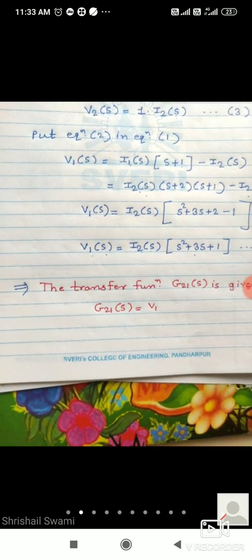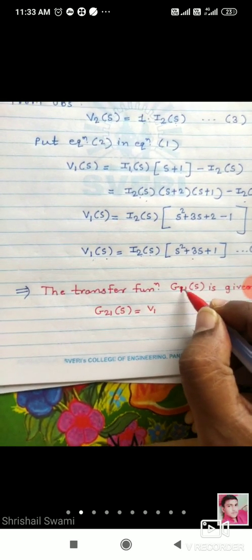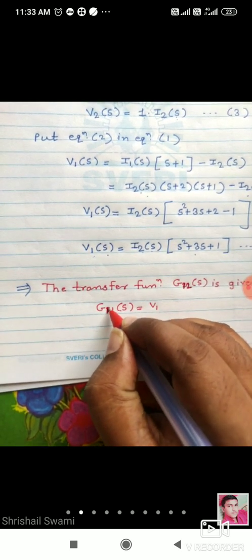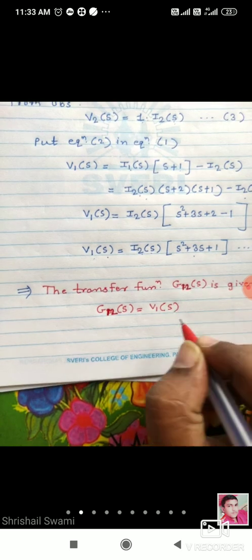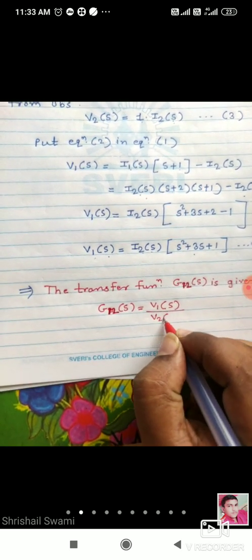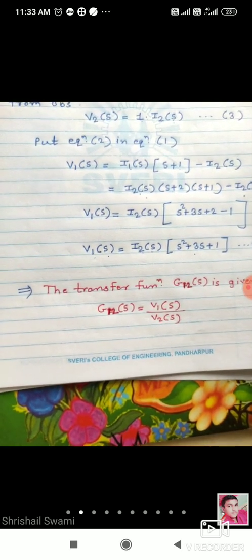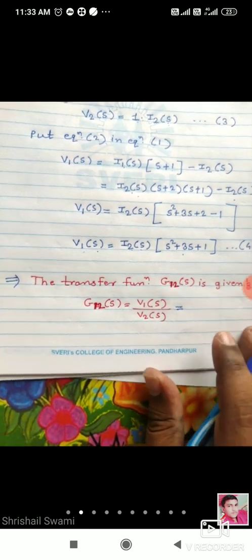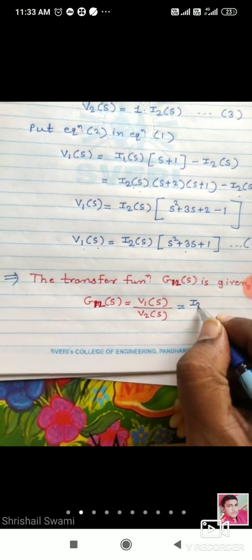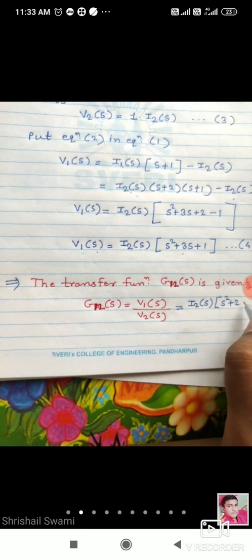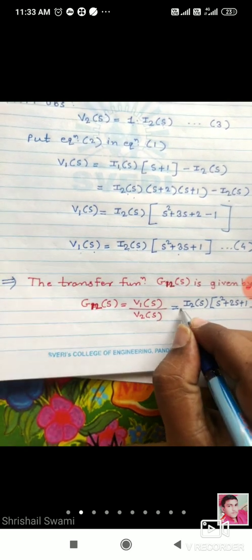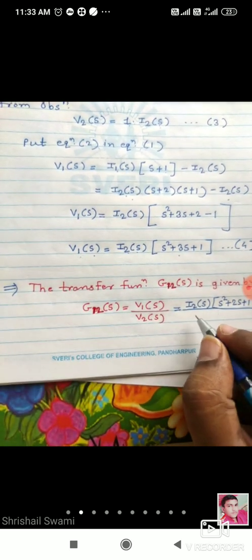Anyone cross check? G12 विचारले का? Okay, G12 you can make changes here. G12 of s is equal to V1 of s divided by V2 of s. चला आता इक्वेशन टाकू शकता तुम्ही. V1 of s means what? I2 of s in bracket s square plus 2s plus 1 divided by V2 of s म्हणजेच काय?